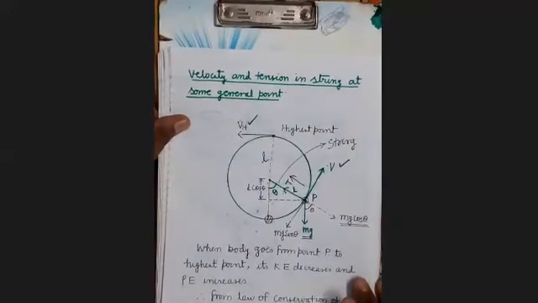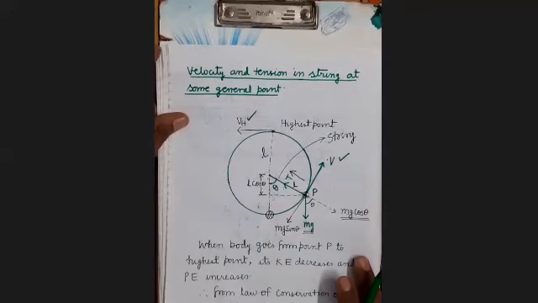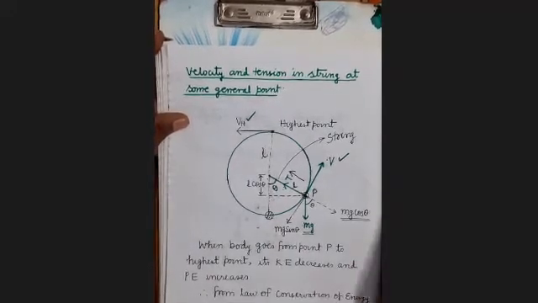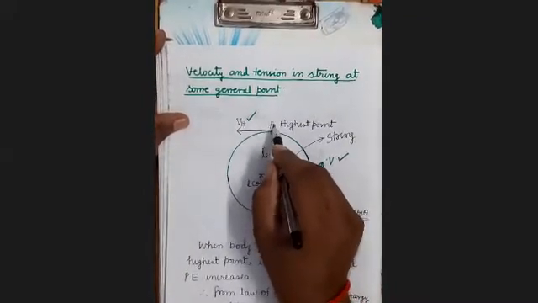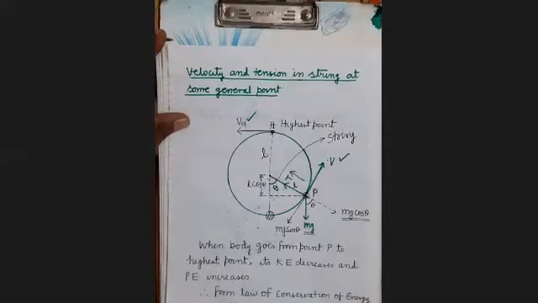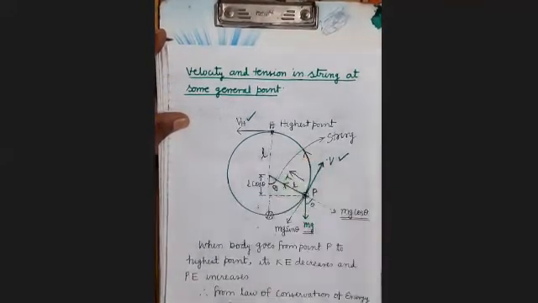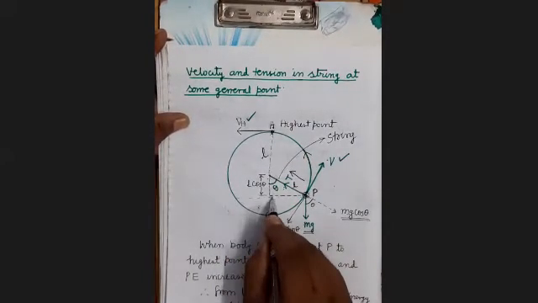So once again, we will apply the law of conservation of energy. You can see here, when the body moves from P to the highest position, speed decreases while height is increasing.